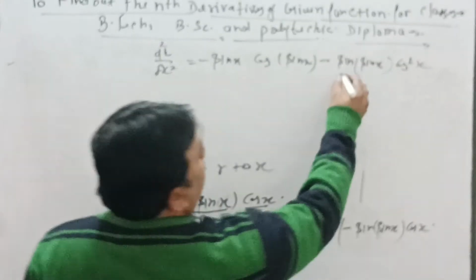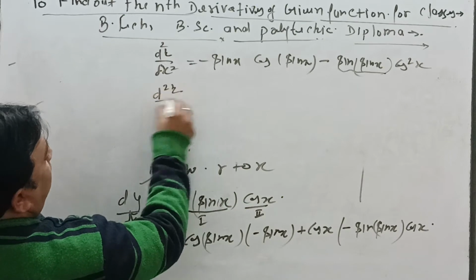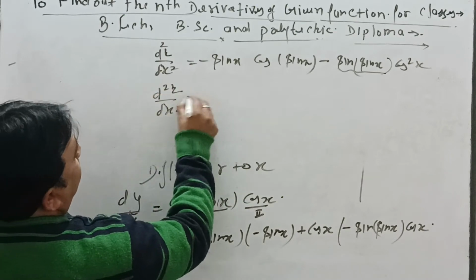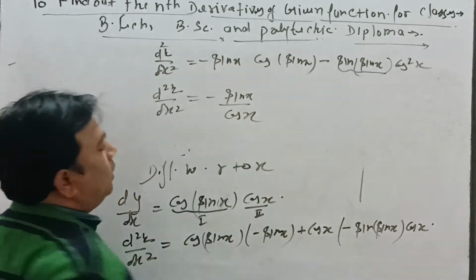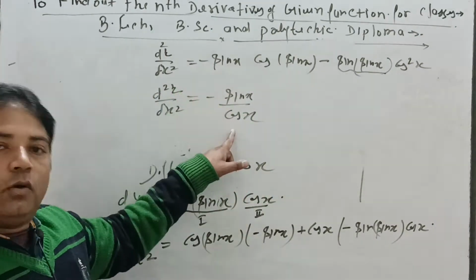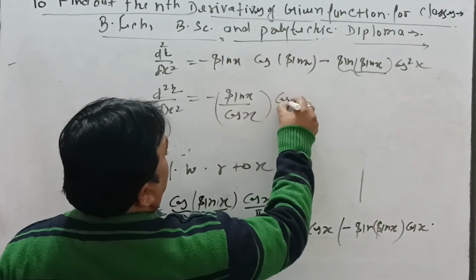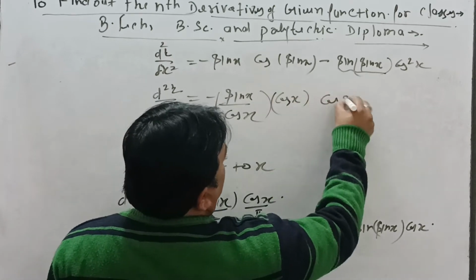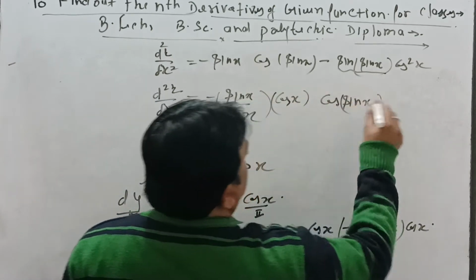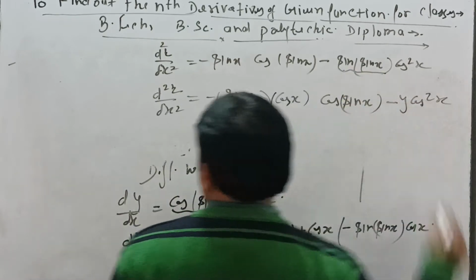Here d2y over dx2 equals minus sin x divided by cos x. You divide this function by cos x and then multiply it by cos x, the same procedure applied in this step, giving y and cos square x.